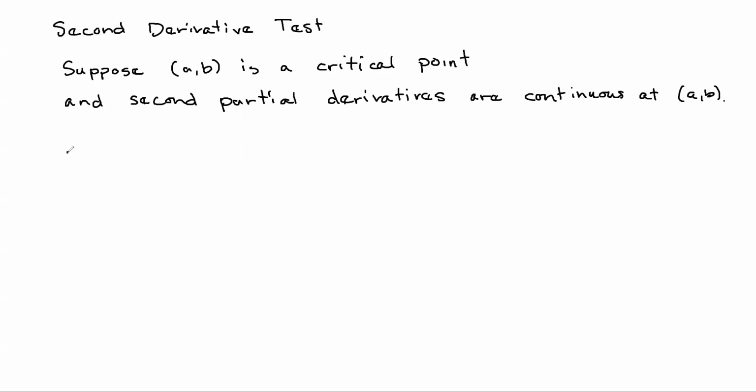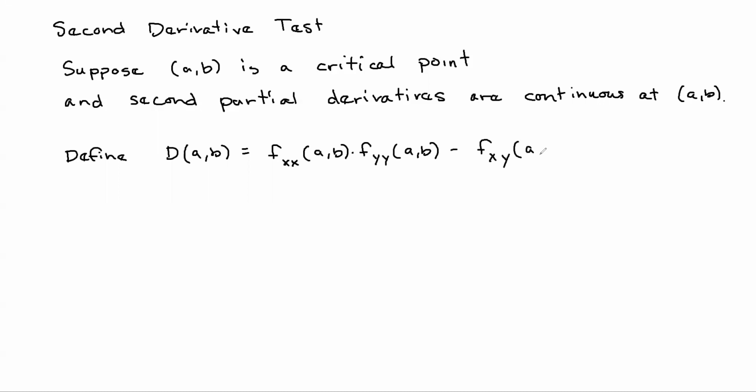So the second derivative test is a little complicated. You're going to define D to equal the second partial with respect to x at (a, b) times the second partial with respect to y at (a, b) minus the mixed partial at (a, b) squared.